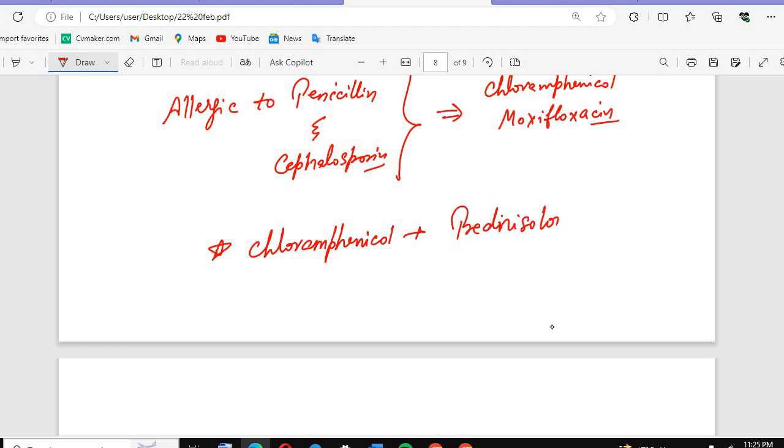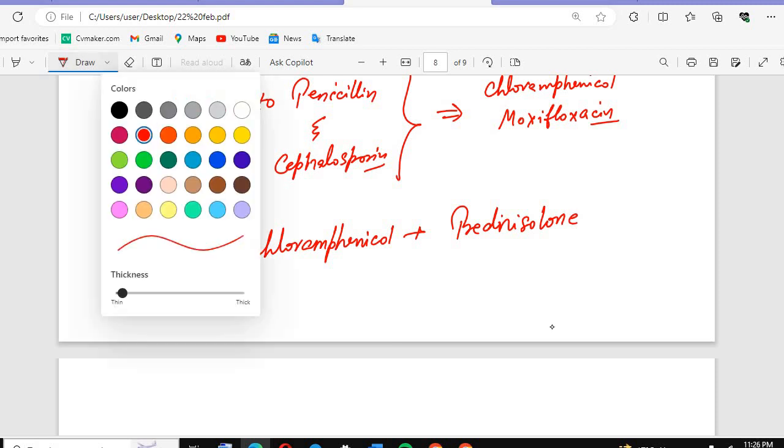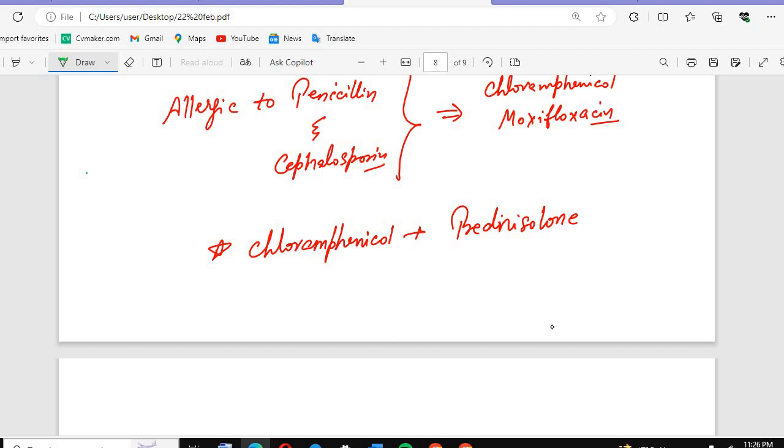See, prednisolone is a steroid, and we have improper adrenal function. To maintain the adrenal structure, we need to give steroids, so that it helps prevent adrenal shutdown or adrenal dysfunction. That's why we involve prednisolone.